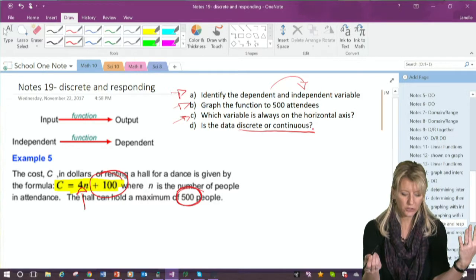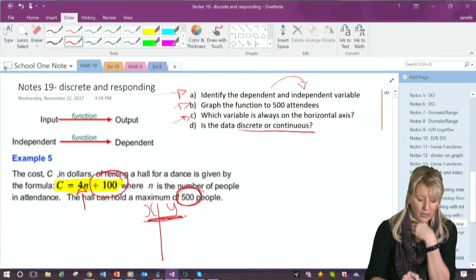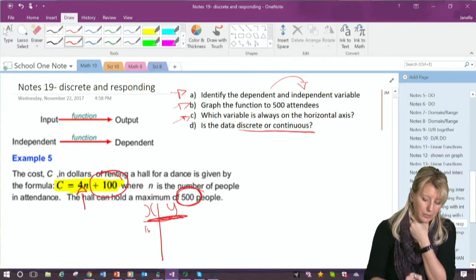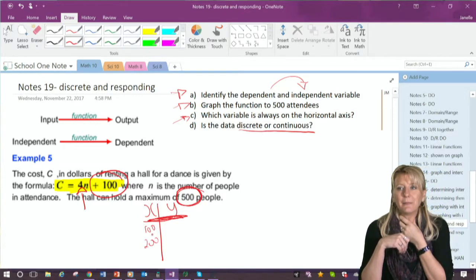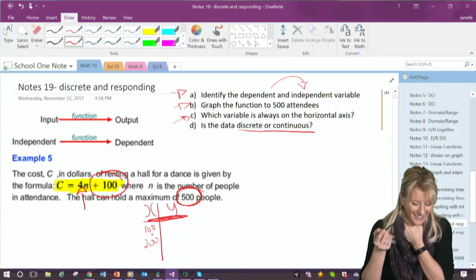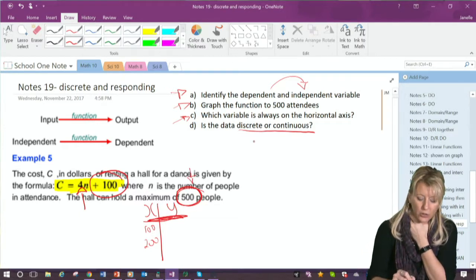So what you could do is make a table of values to draw this, and say, let's make it so that 100 people come, and let's make it 200 people come, and you can start figuring it out that way. Or I could just take the equation and figure out what it would be if 500 people came.